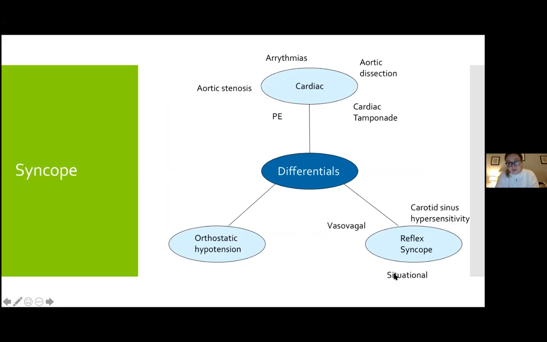Reflex syncope is going to be your vasovagal episodes, situational, and carotid sinus hypersensitivity. A typical history of carotid sinus hypersensitivity is when someone quickly turns their neck, or they might be wearing a really tight collar, and then they might have syncope. Orthostatic hypotension is another cause. That's when you get up, your blood pressure drops, and you have a syncopal attack.